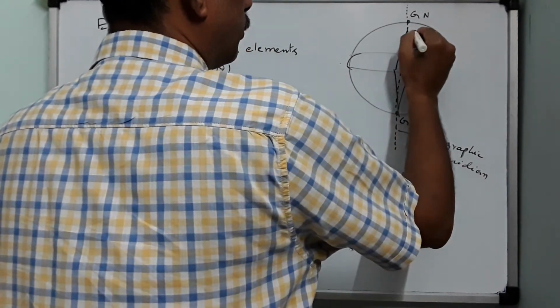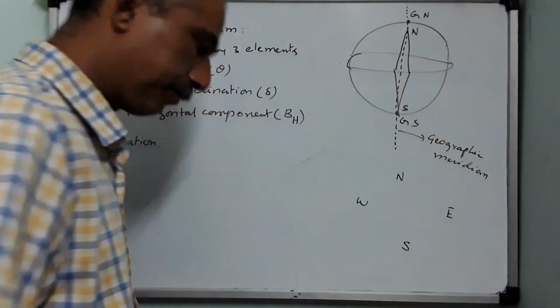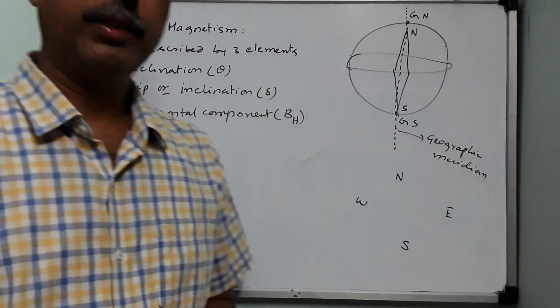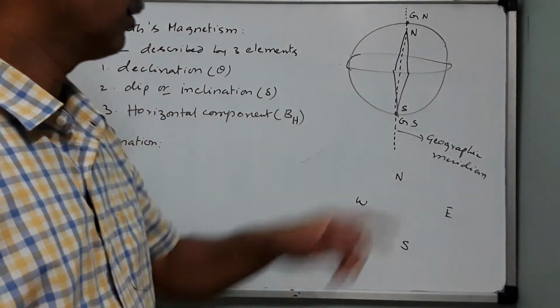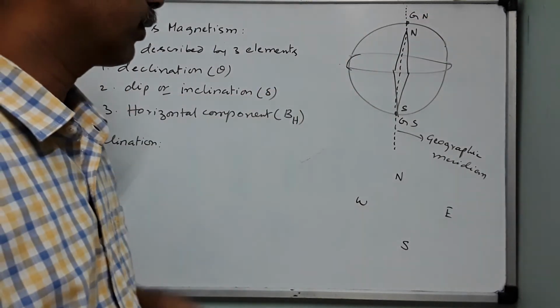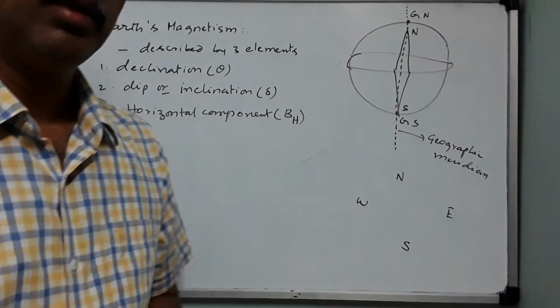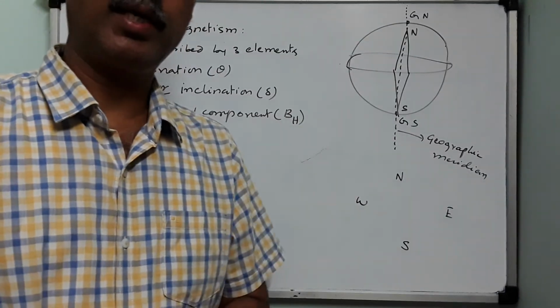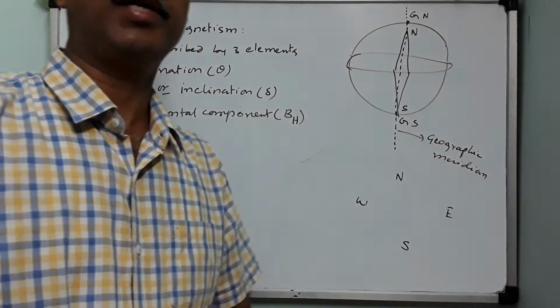It's like this. This is the north pole of your magnet, this is the south pole. So the compass needle or bar magnet with its north pole towards this direction is called what? Geographic north. South pole is called what? Geographic south. Now the very big question arises: why should the north pole turn towards that side?